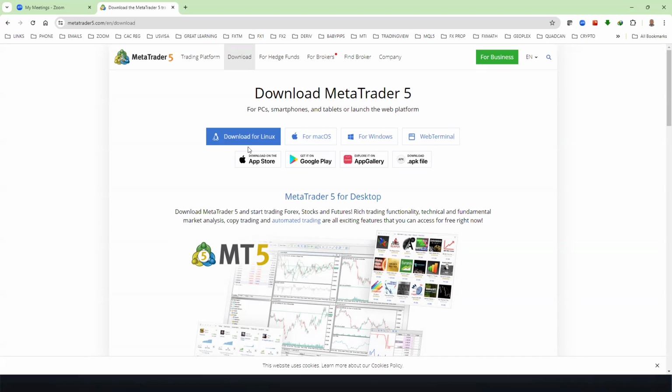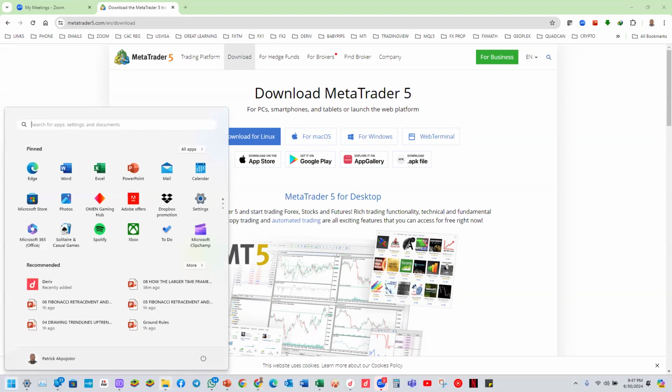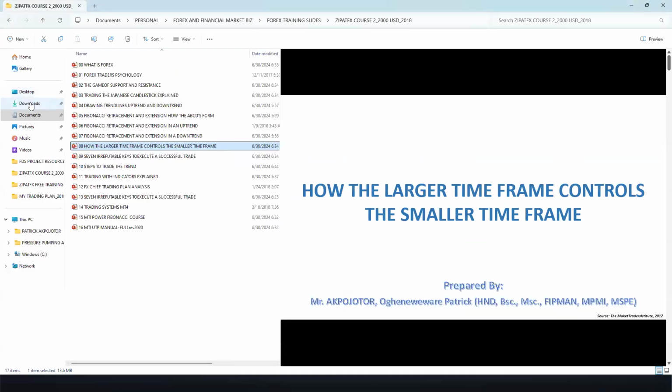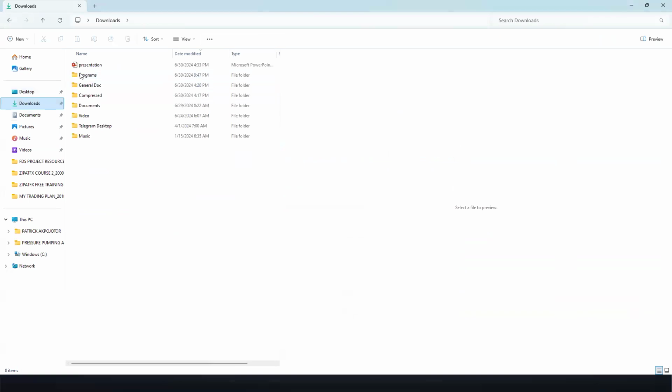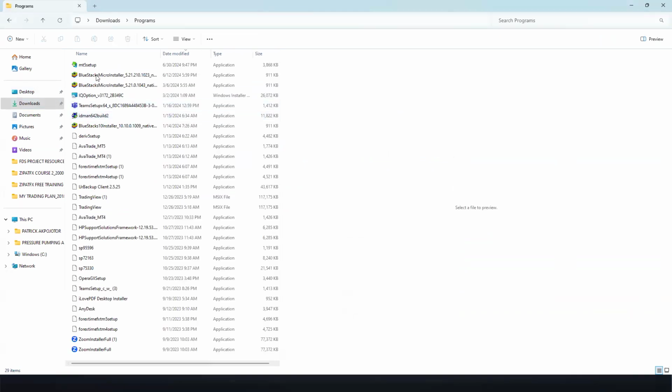Let's see, MetaTrader 5. I think it has downloaded already. Let me see. You go to downloads, see programs, MetaTrader 5. So we'll run the setup. I'm just doing a demo for you.